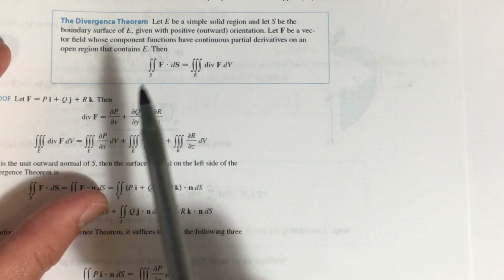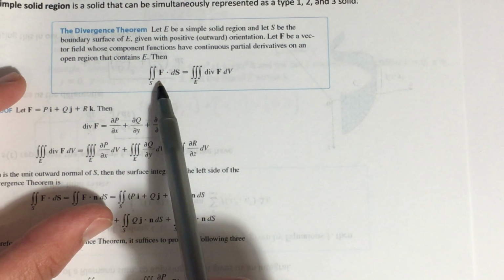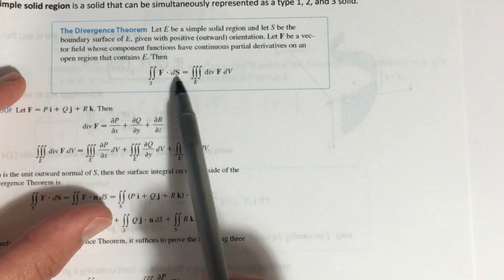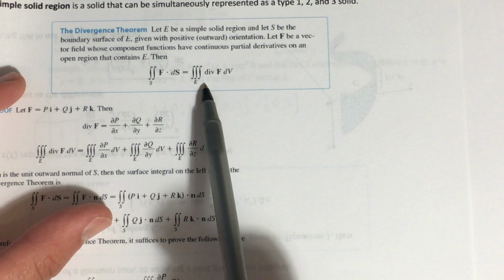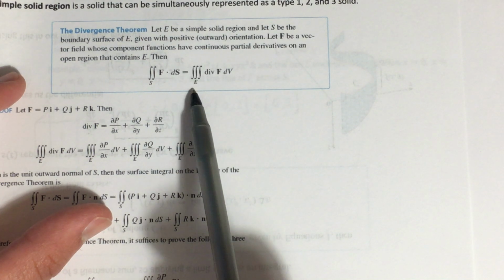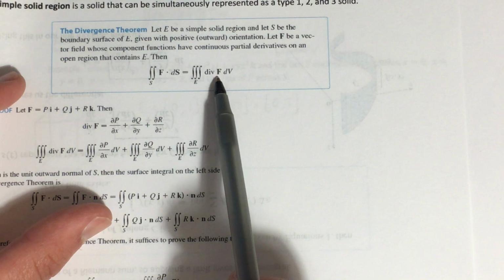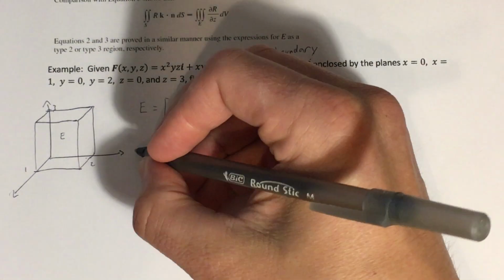So what I'm going to do is use the divergence theorem and say that this surface integral can be alternatively evaluated as the triple integral over the box E of the divergence of F. So really the first thing I need is to find what the divergence of F is.